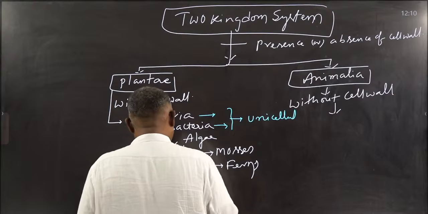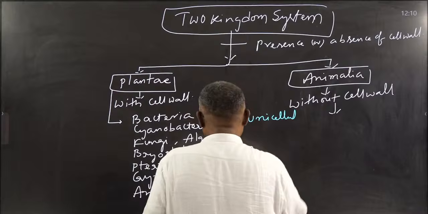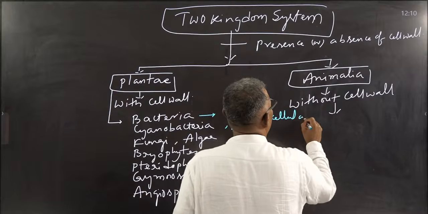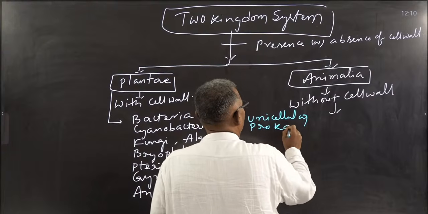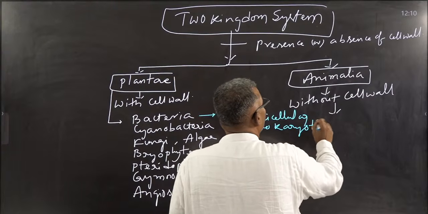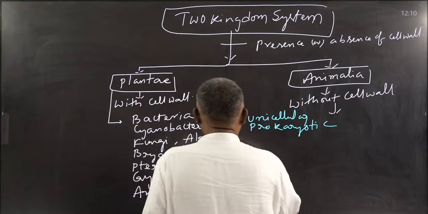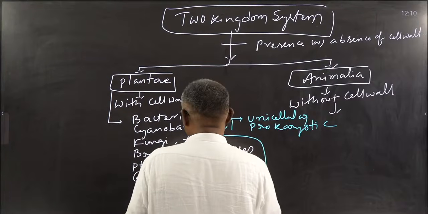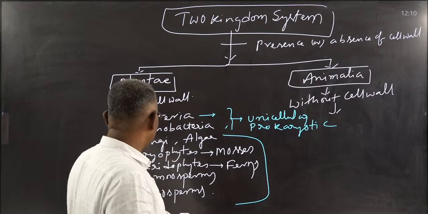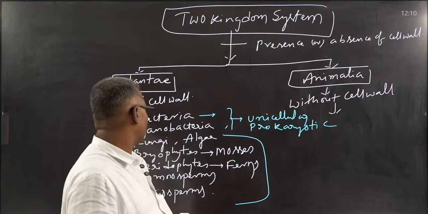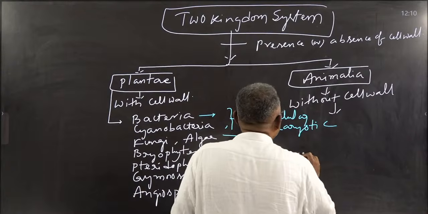Of course, we can call them unicellular and prokaryotic. Whereas fungi, algae, bryophytes, pteridophytes, gymnosperms, angiosperms, these are all eukaryotic.